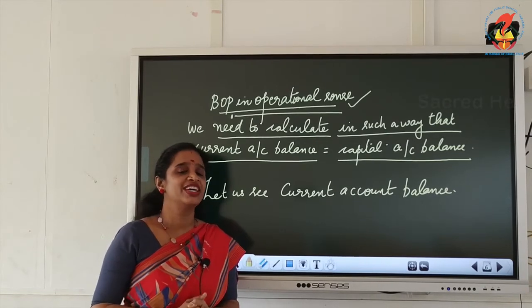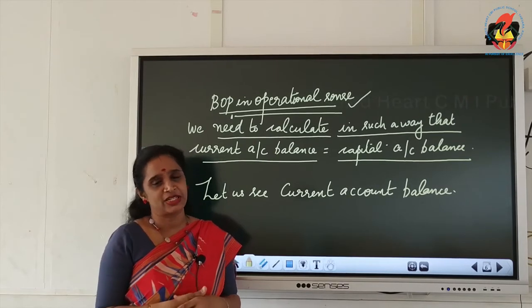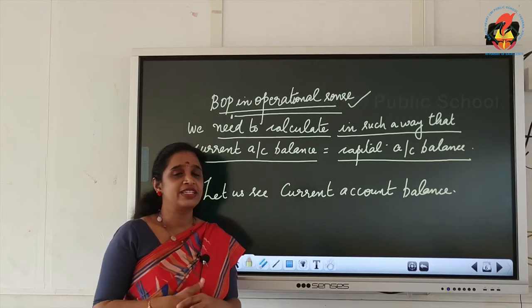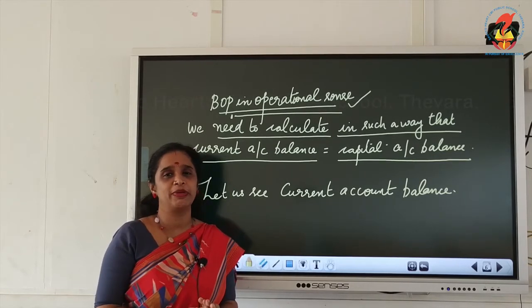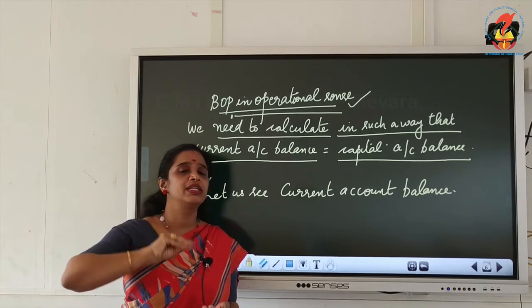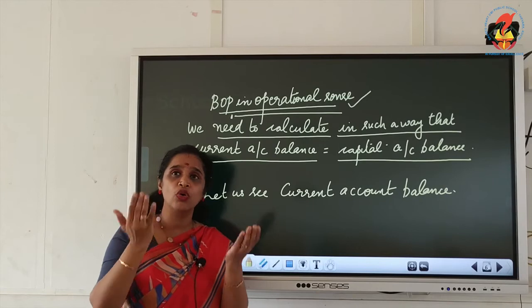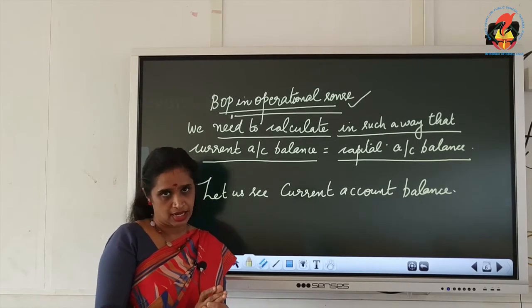Theoretically, we have learned how we will equalize current account balance and capital account balance. Each and every item in the current account we balance, therefore the whole current account will be balanced. Each and every item in the capital account is balanced, therefore the whole capital account is balanced. That is how we have done in the last class.